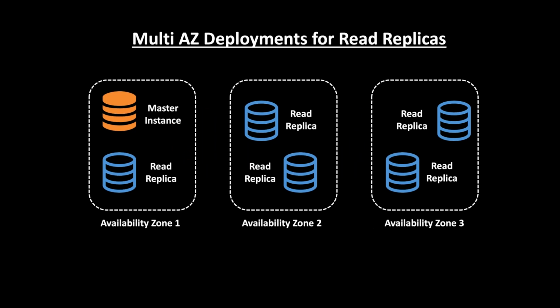Now for read replicas as well, you can have multi-AZ deployments. As you see here, I have 3 availability zones, and I am making sure that the read replicas are in different availability zones, and it gives me a lot of confidence that the uptime of my application is really high, right?